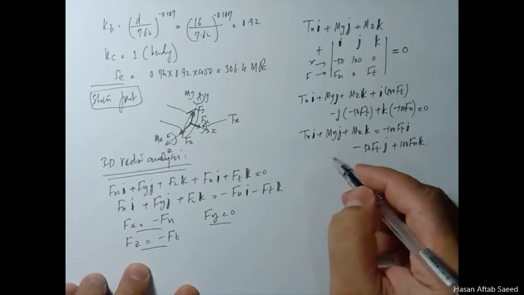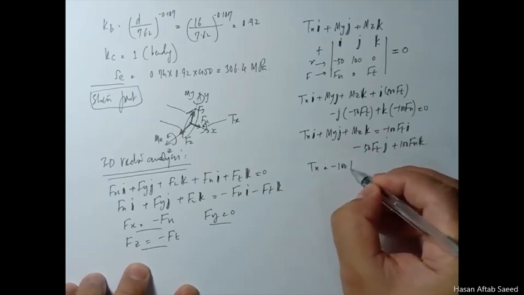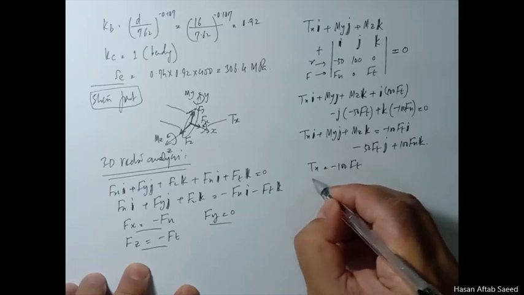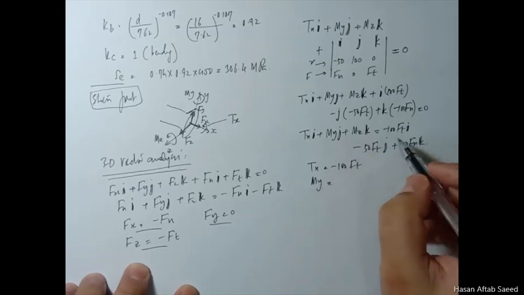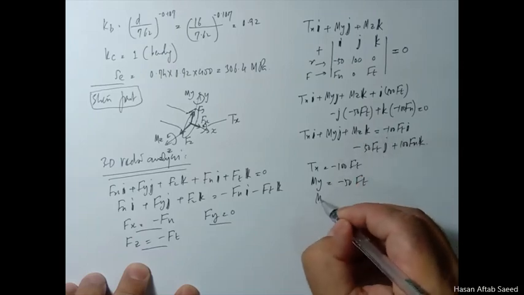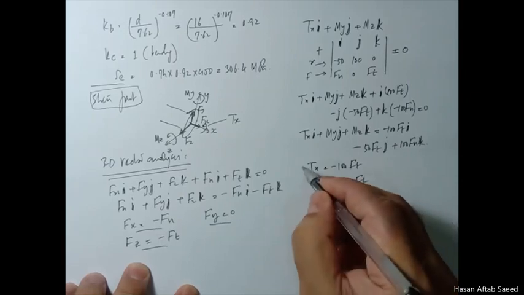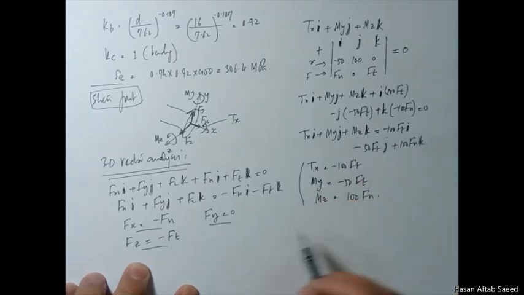And from this it's very obvious that Tx is minus 100 Ft, My is minus 50 Ft, and Mz is 100 Fn. These three values we get.